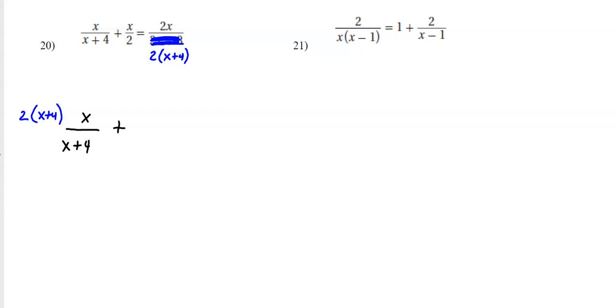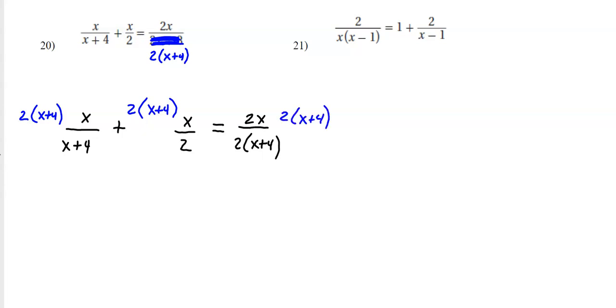Then we add to that. Now I'm going to multiply a 2 over x plus 4 times the second piece. And then equals. And then this side is already 2x over 2 times x plus 4. But I got to multiply everybody.